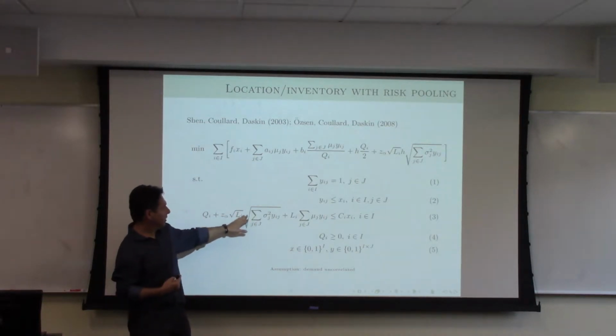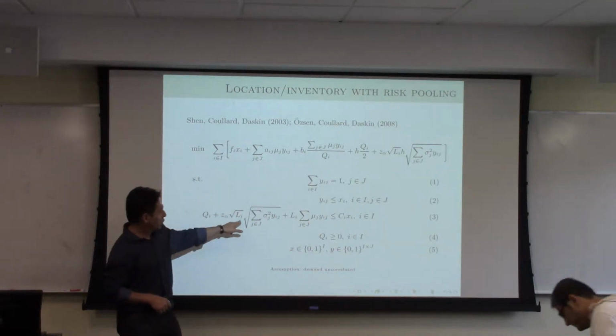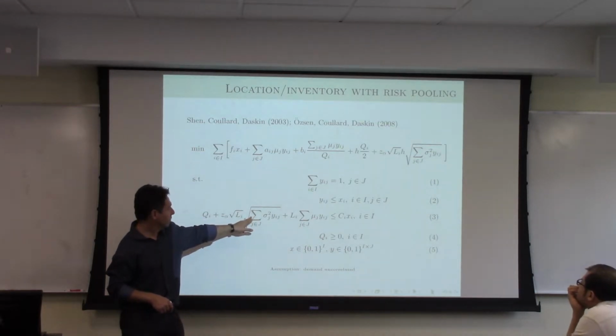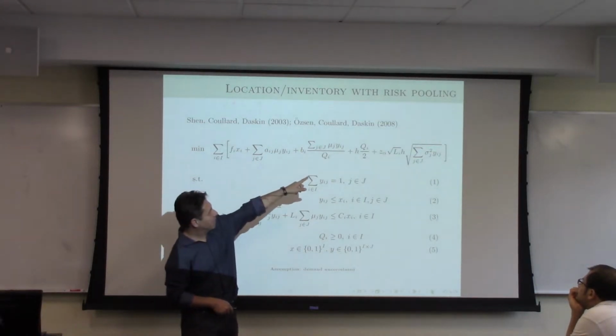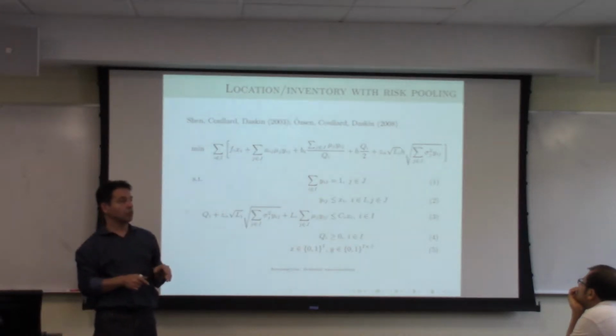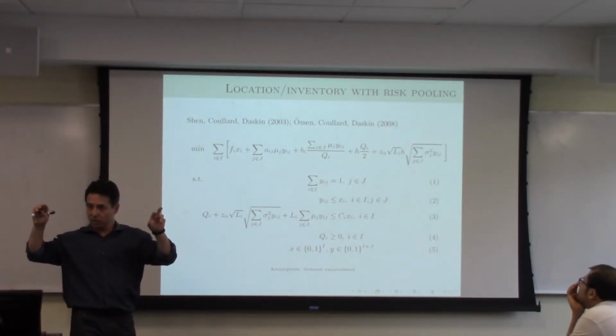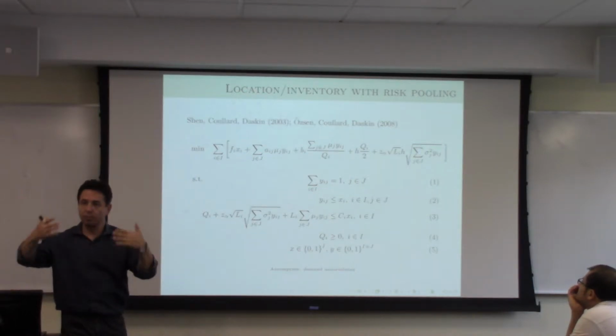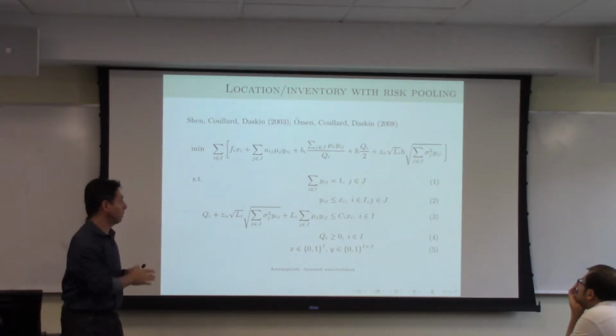But you see that a square root appears here for the safety stock, and also in the objective. So this problem can be cast into this sort of submodular optimization form, and all those polymatroid inequalities can be added in this problem as well.